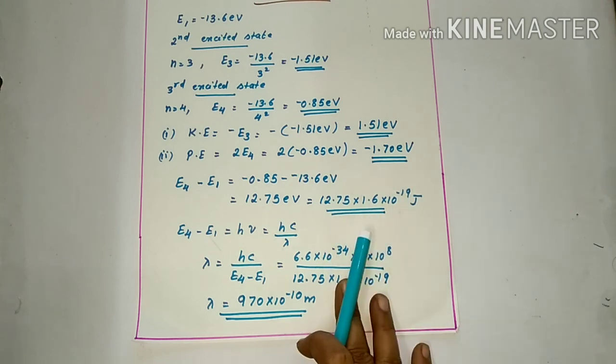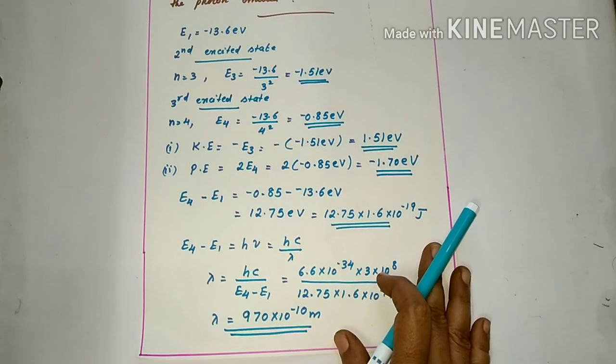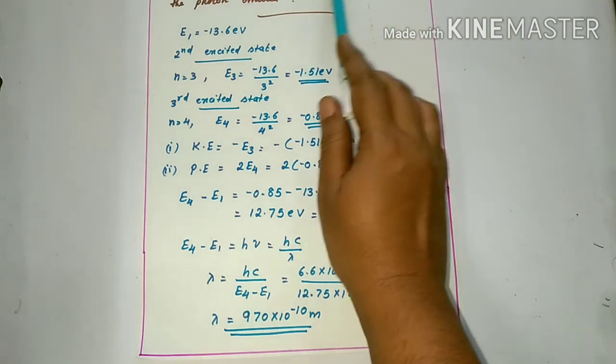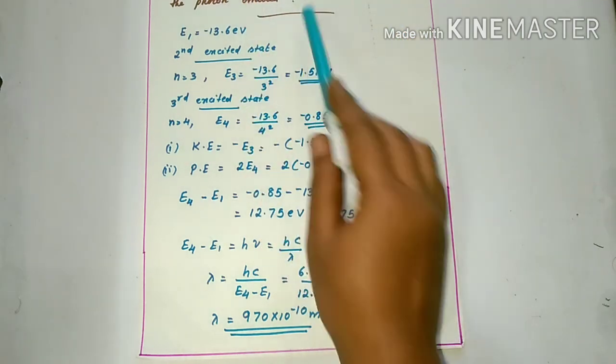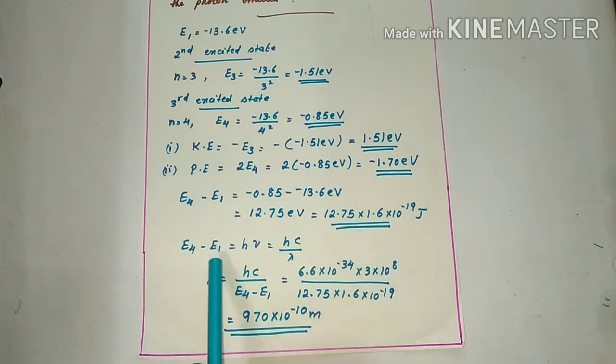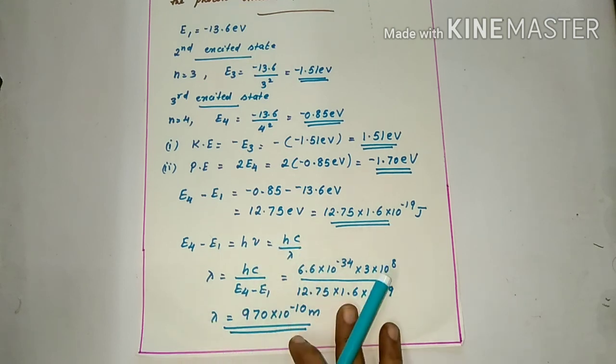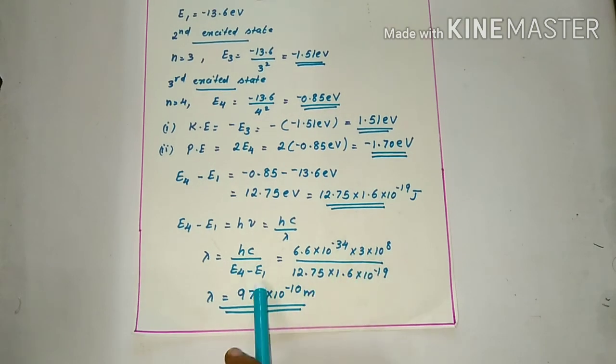Then you want to find out the wavelength of the photon emitted from the third excited state to the ground state. So we can write the formula E4 minus E1 equal to h nu, that is E equal to h nu, that is equal to hc by lambda. So lambda equal to hc by E4 minus E1.